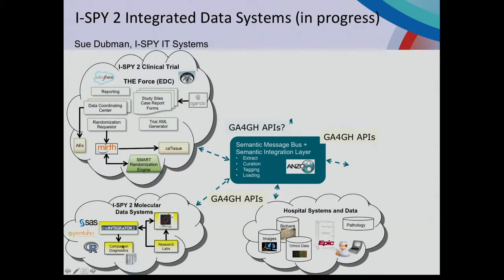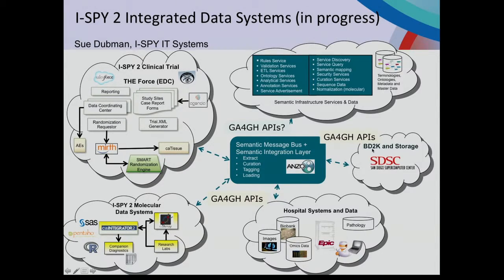There's a lot of molecular data that all sits either in a specific system or also in hospital systems like sequencing. So we've now deposited the first data on the supercomputer at San Diego, and we're working with the BD2K and Global Alliance group to use APIs to efficiently interrogate this data, but actually building this integration layer here.